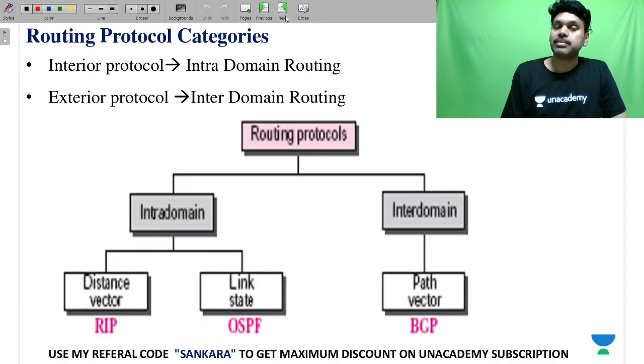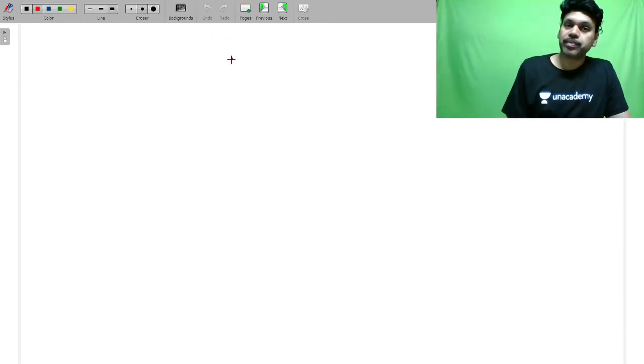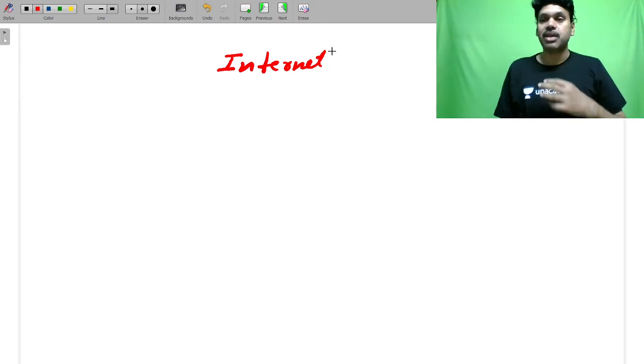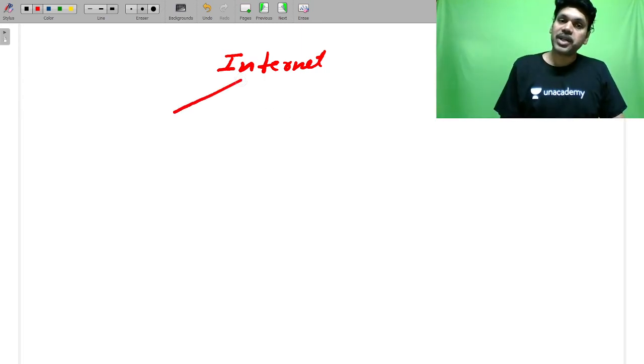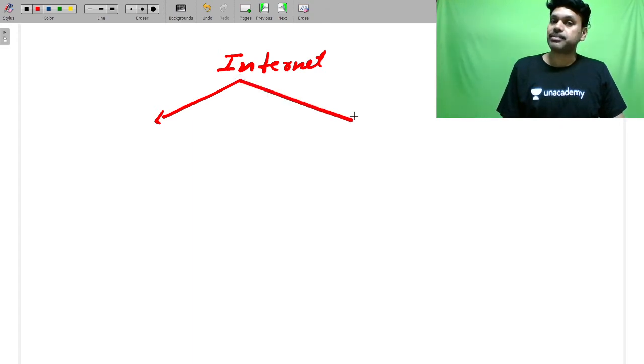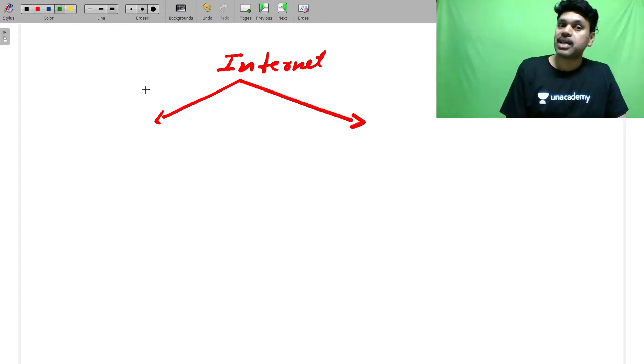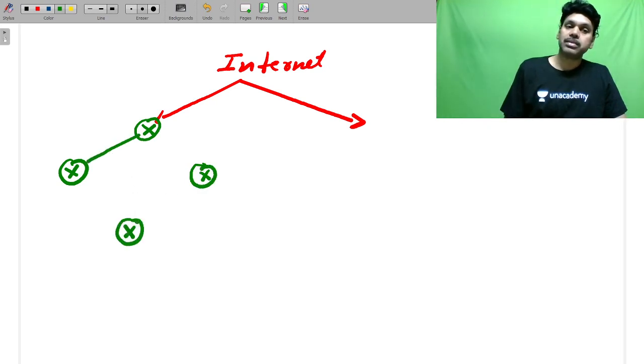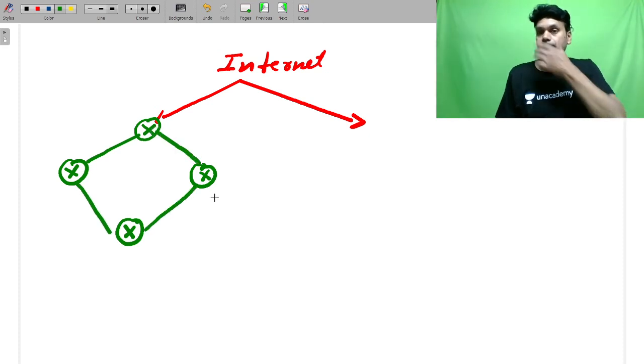Please hold on, please observe carefully. I am showing you an autonomous system. Your entire internet is worldwide, and a worldwide internet cannot be managed alone. Therefore, it is divided into a hierarchy. That hierarchy consists of groups of routers which are collectively involved in data transmission from one network to another network.